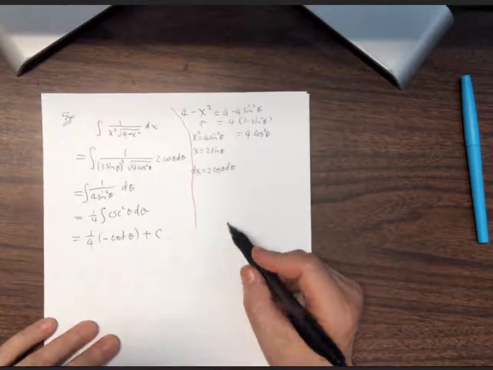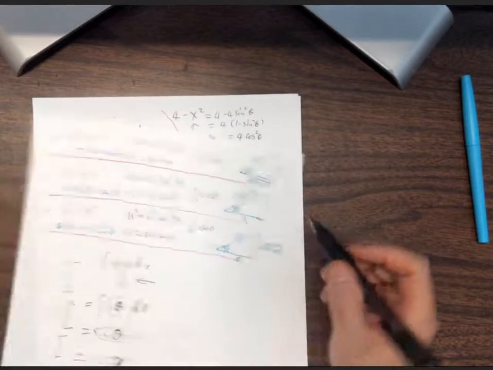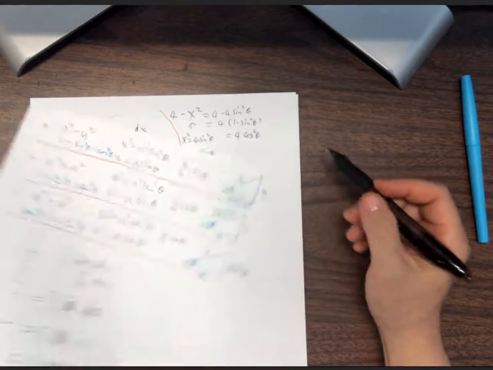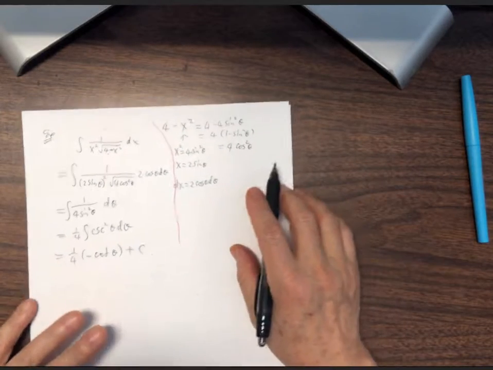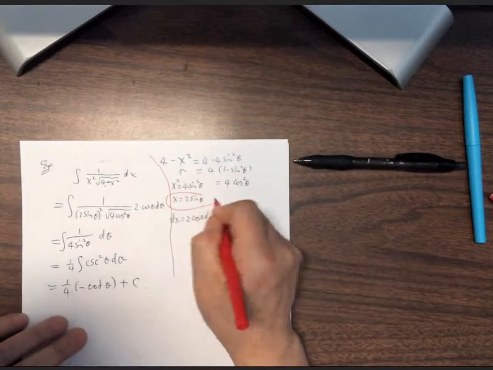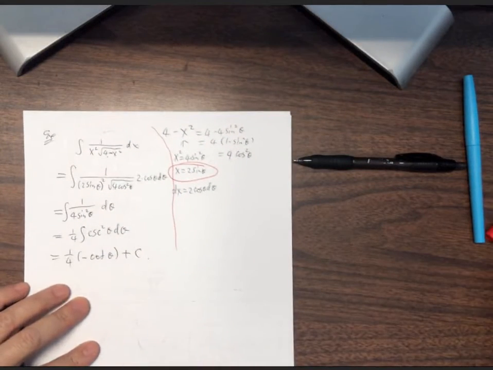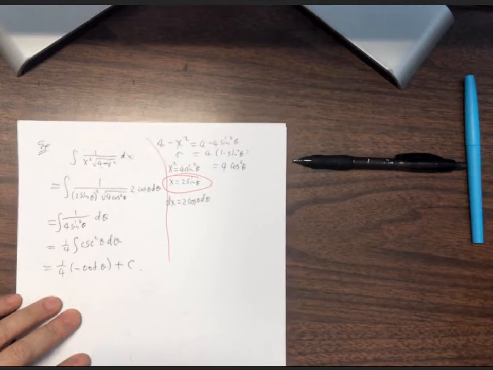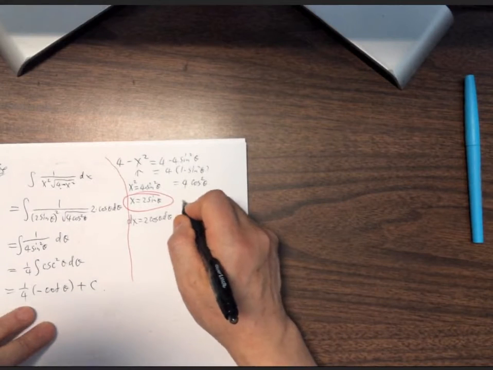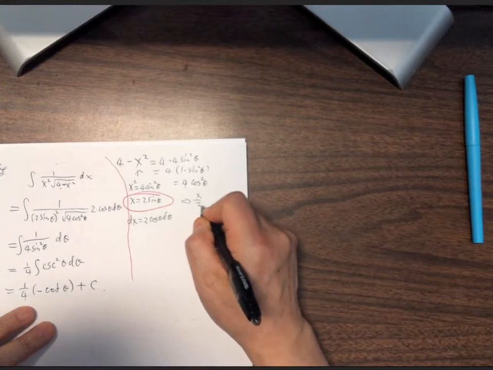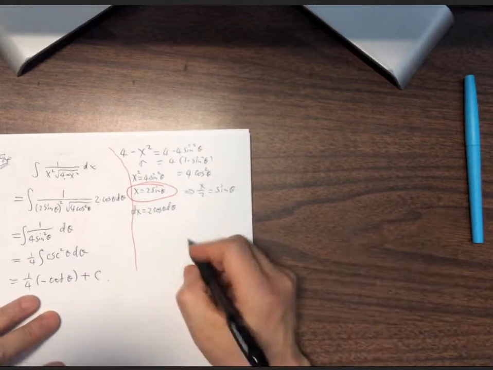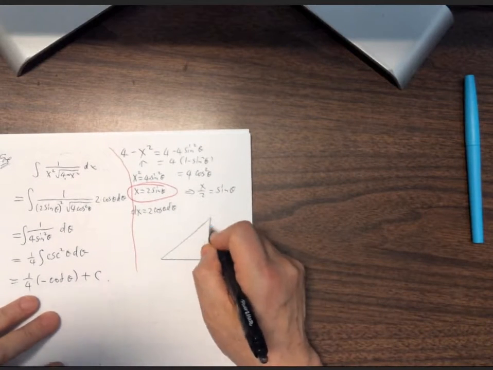So how do we do it? We have to now come up with one of those triangles. Which one? Depends on the substitution. We don't need to go back to the table. We can just construct the triangle for every problem fairly easily. So this substitution basically says sine theta is x over 2.